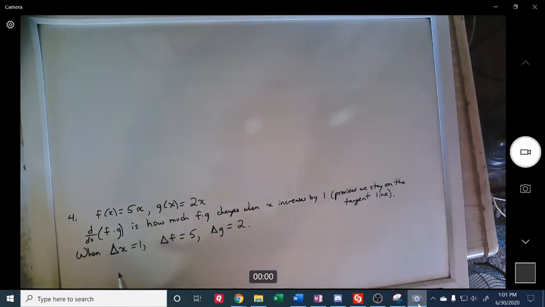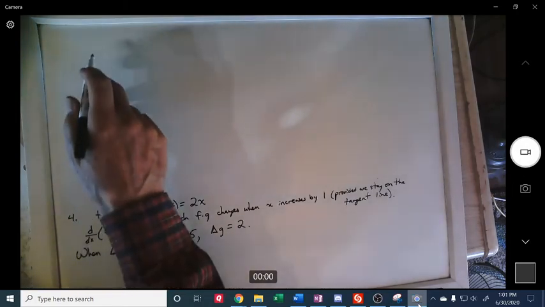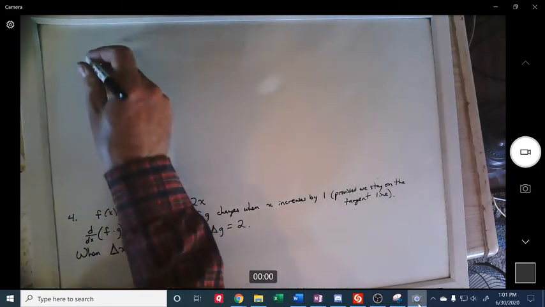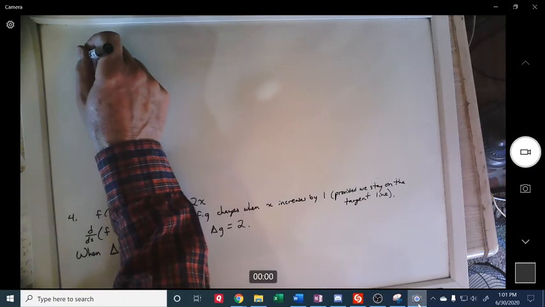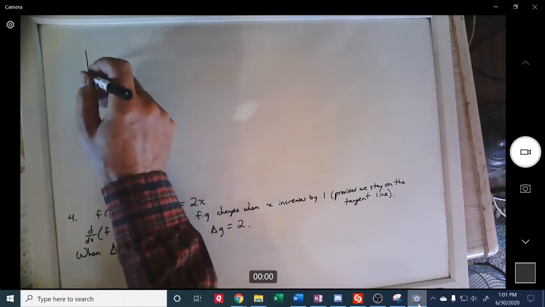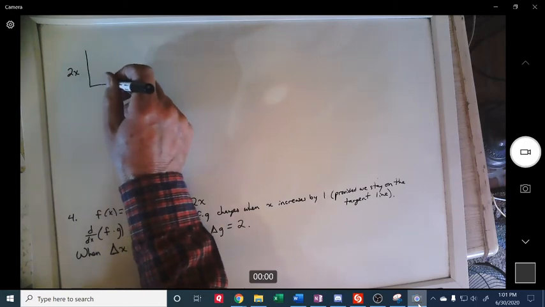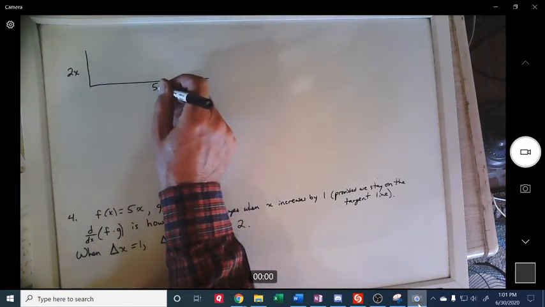So now I'm going to have the picture for this up high, and I'm going to draw a rectangle where I'm going to put the 2x vertical and the 5x horizontal.